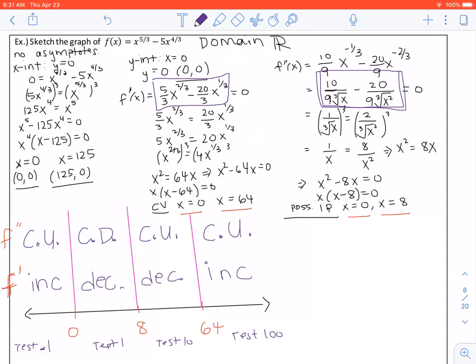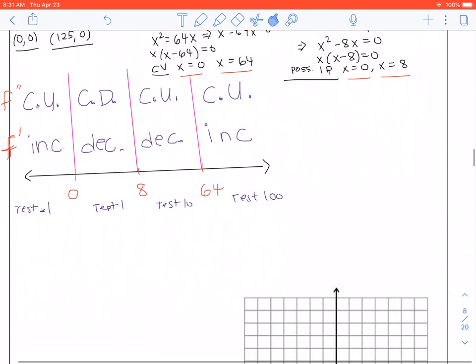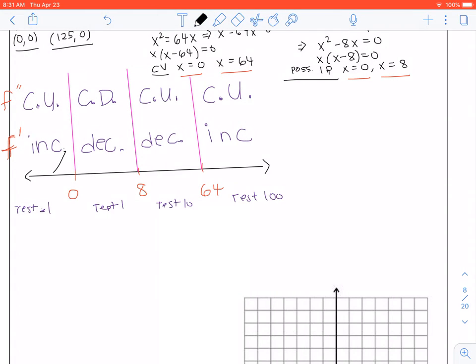So it makes sense that at 64 it's continuously concave up, because that's not where we would have any changes in concavity. So next thing that we're going to look at is, do we have any places where we have a local maximum or a local minimum? And so we have it going from increasing to decreasing.